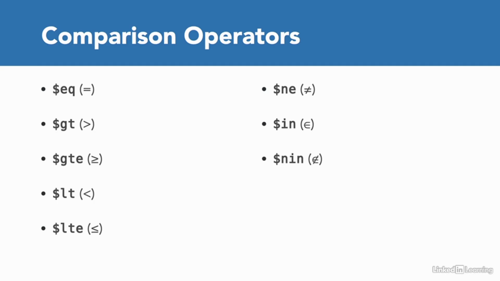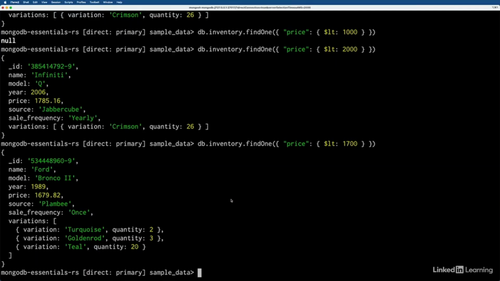All right, let's look at examples for these on the terminal. Okay, we're going to be looking at cars that have a variation that is either blue or red. We're going to search for cars that are either blue or red. And the way we do that is we say findOne, then we specify variations.variation, and then we would say $in, and we want it to be either blue or red.